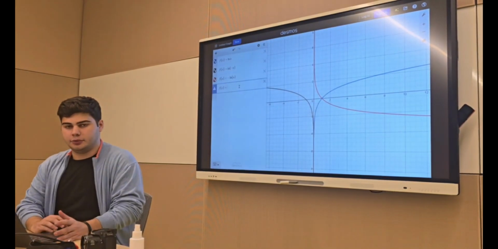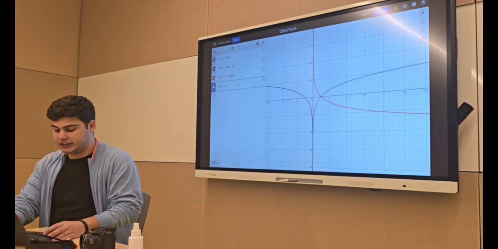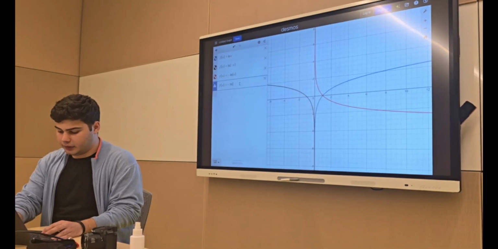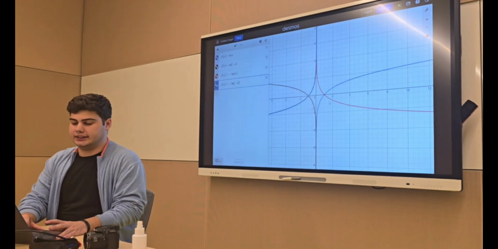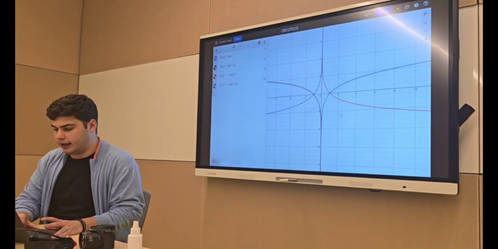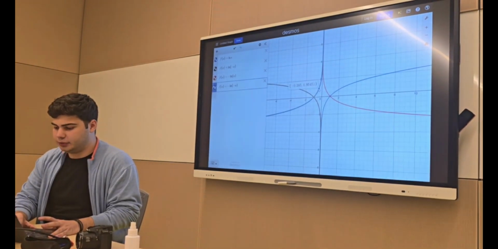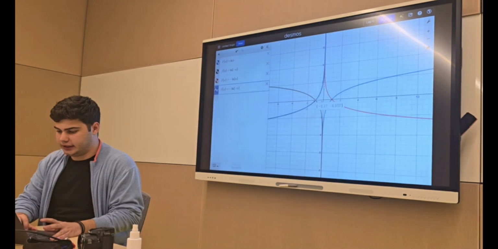And as we did in our previous part, we can change the signs of both of the components, and it will be reflected by the y-axis and x-axis at the same time, and it will be shown by this blue line, as you can see.